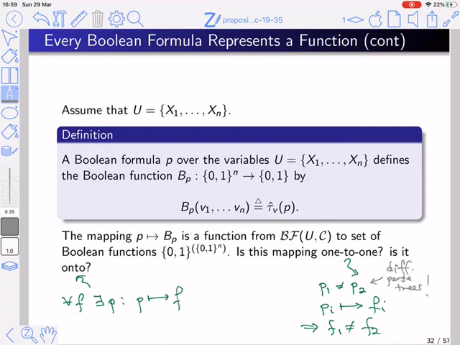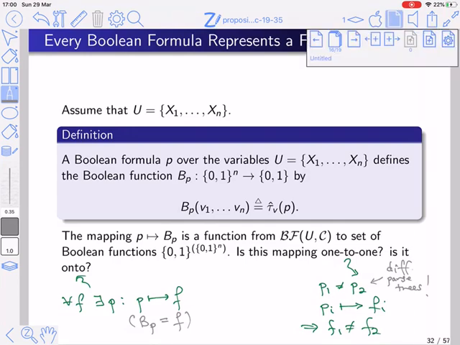It's not logical equivalence. When I ask whether this mapping is onto, I'm asking, is it true that for every function f, there exists a Boolean formula P such that P maps to f, namely b_P equals f. Okay? Good.